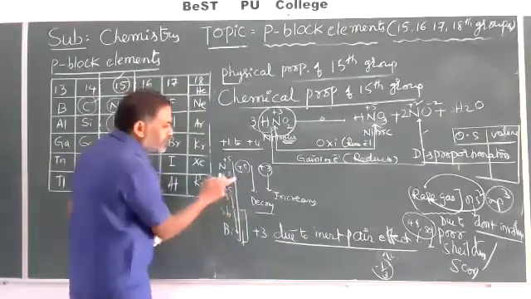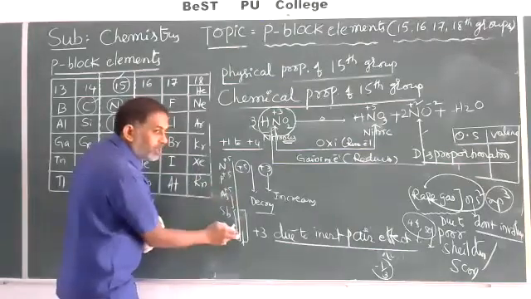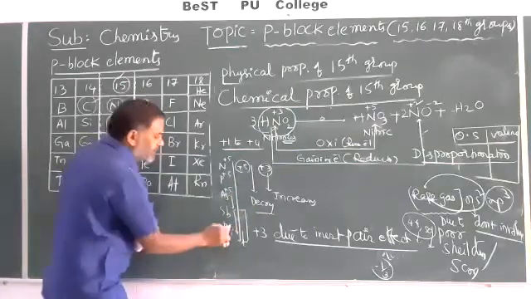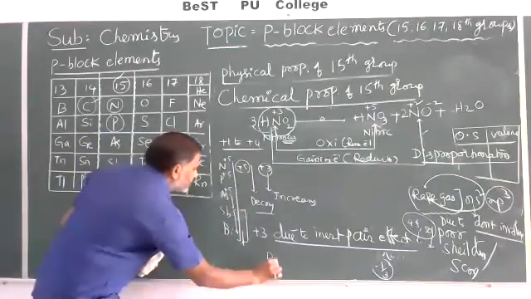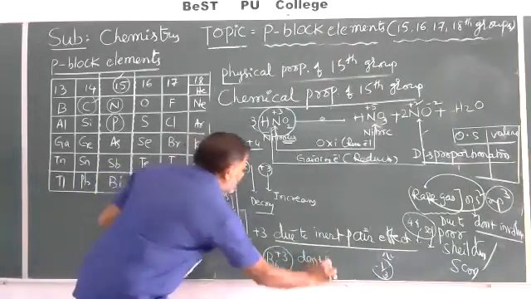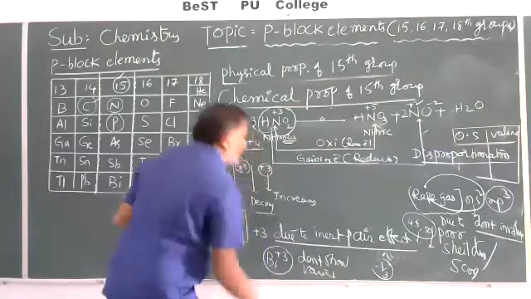So due to the poor shielding effect, from top to bottom the plus 5 oxidation state generally decreases and plus 3 oxidation state formation increases. That is why bismuth generally shows only plus 3 and does not show variable oxidation state. Very, very important.